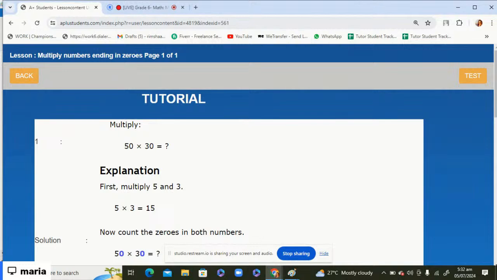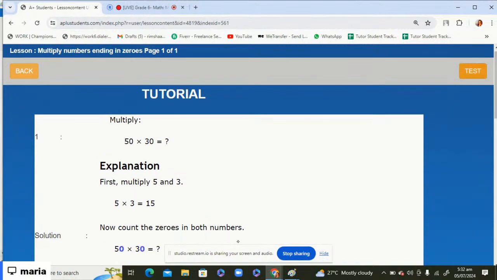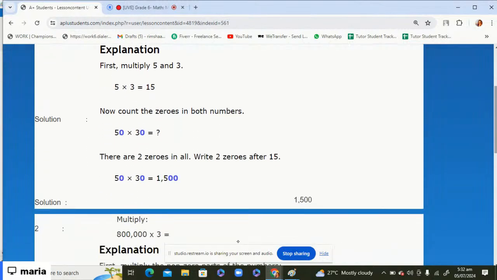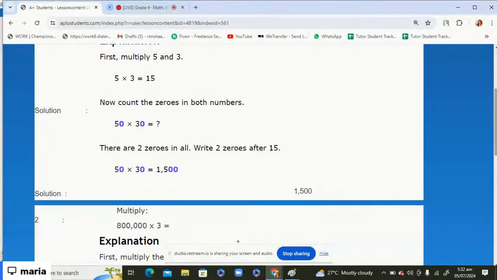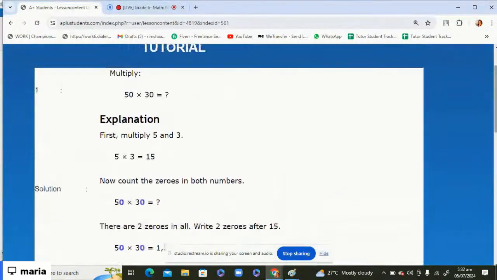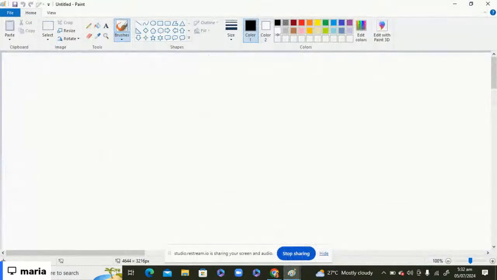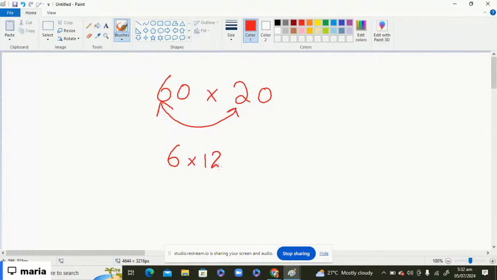If you have numbers that end with zeros, how do you multiply them? We are basically just taking the numbers. For example, if you have a question like this, there is 60 and there is 20. If you are going to multiply, first of all you take the non-zero numbers, 6 times 2.